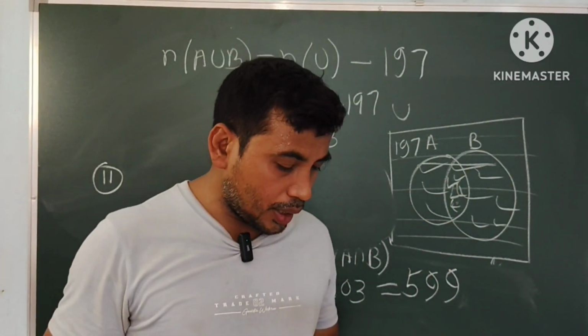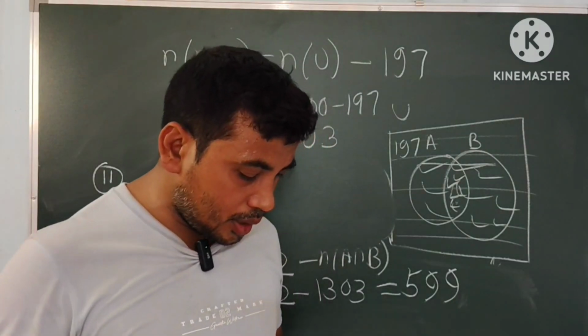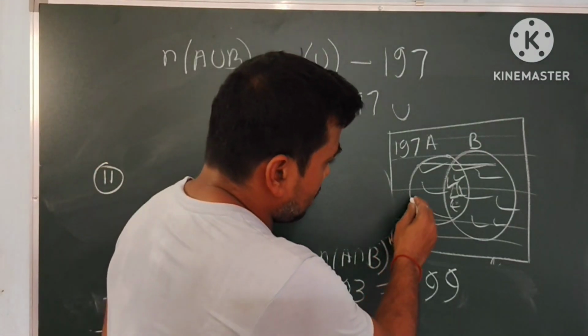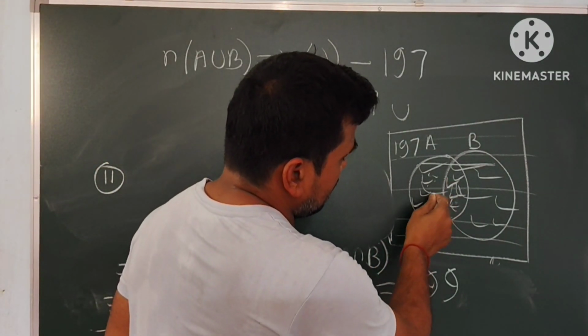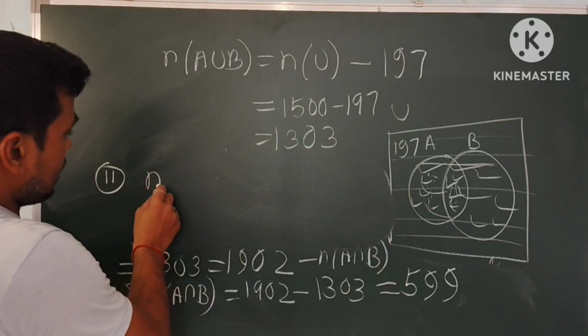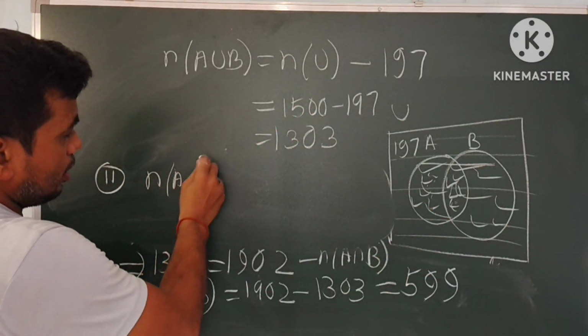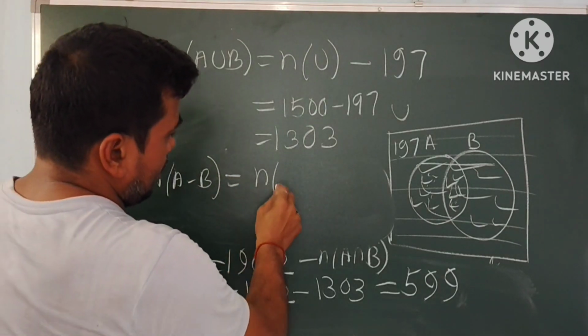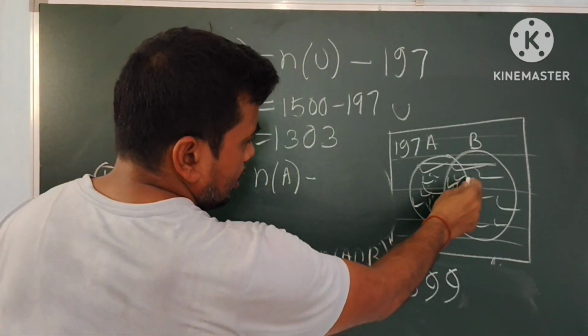Okay, now we have to find how many families have TV but not radio. That means we have to find the number of elements in this part. This is A difference B. So we write n(A difference B) is equal to n(A) minus this part.